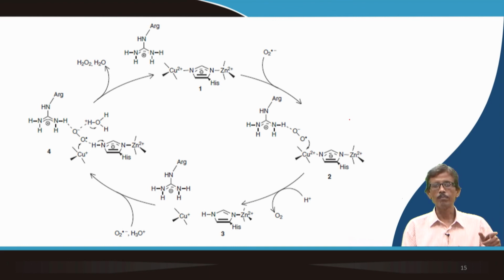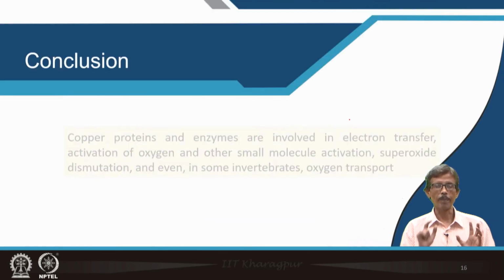So, take your time, give time to understand this whole cycle. It is a very simple cycle, as we have shown earlier, that the redox is required between the 2 superoxide molecules to produce O2 and hydrogen peroxide back.